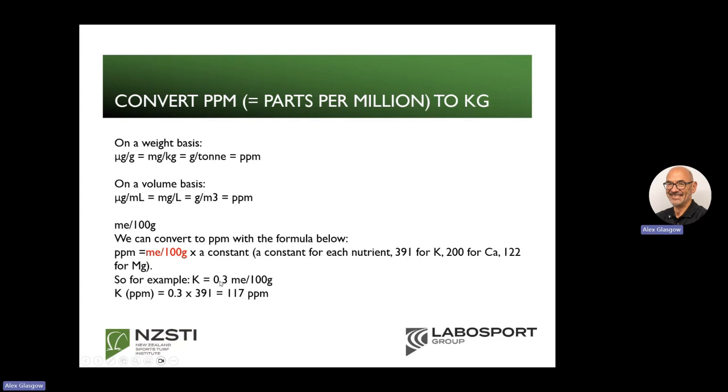Potassium equals 0.3 milliequivalents per 100 gram. That's the number from the soil test result. We can do the calculation. Potassium in parts per million is 0.3 times 391, gives an answer of 117 parts per million. So that's how you convert the milliequivalents number into parts per million, which is a more useful number for us to use.